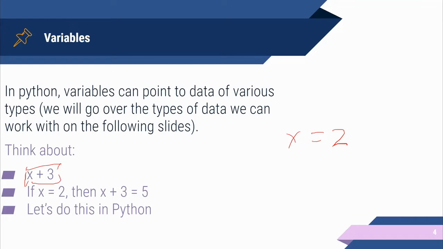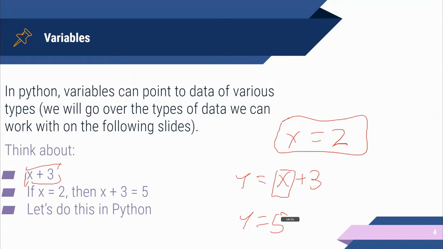Let's run the line x plus 3 and store it in another variable, let's say y. Then y is going to be equal to whatever value x was plus 3. Since we initialized x to be 2 up here, similarly to math, if you were to pretend some variable was some number, y will be equal to 5. So David, if you could show what that would look like if we run it in code.